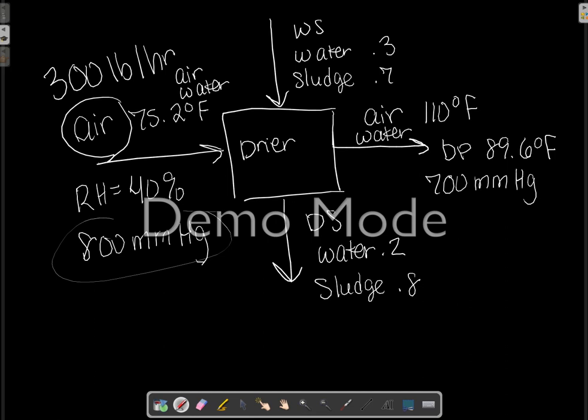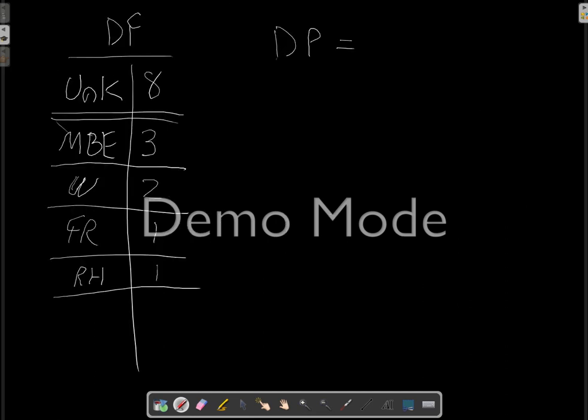So when you're given a dew point of something like 89.6 degrees Fahrenheit, with a temperature and a pressure, you're able to use the dew point to find, via your steam tables, your partial pressure of H2O, and thereby your mole fraction of H2O.